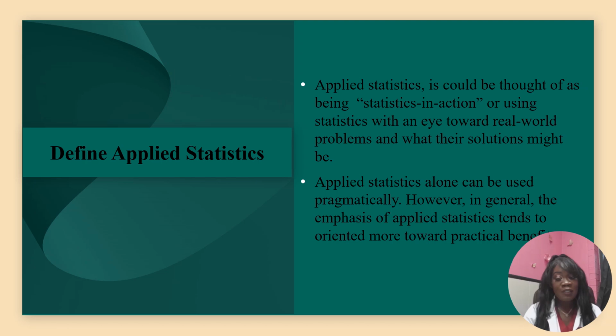For example, statistics can help determine whether staff compliance with an infection prevention protocol improves after education and implementation of a standardized policy. So basically, you put it in place, then you use applied statistics to go back and see, is it working, or do we need to rethink this again?